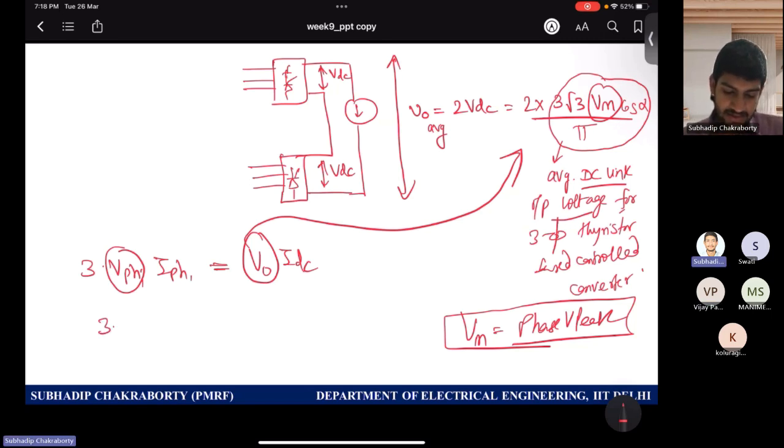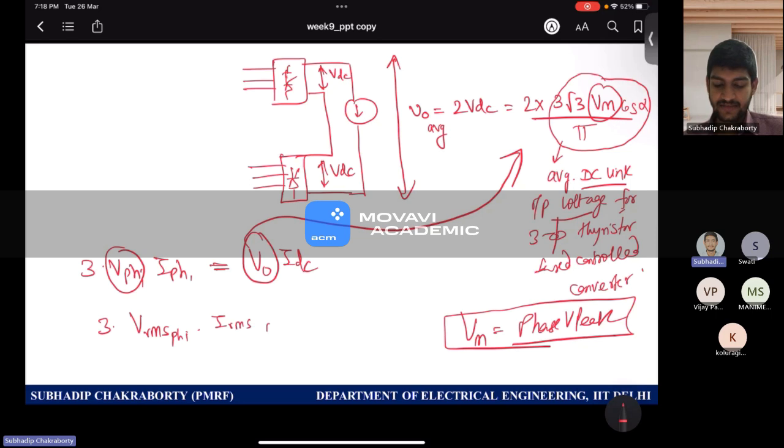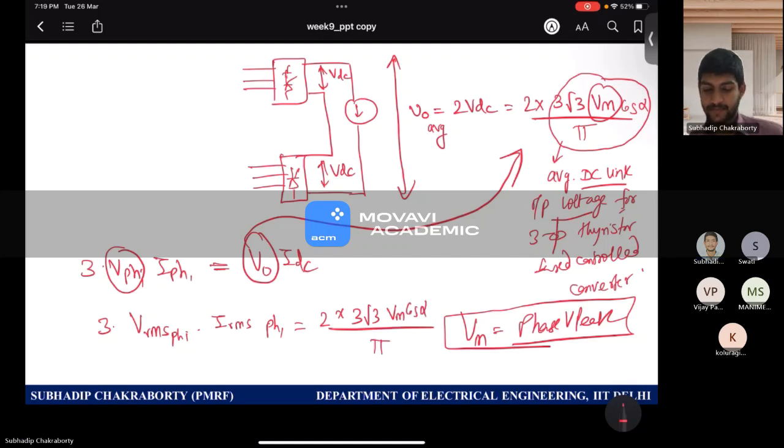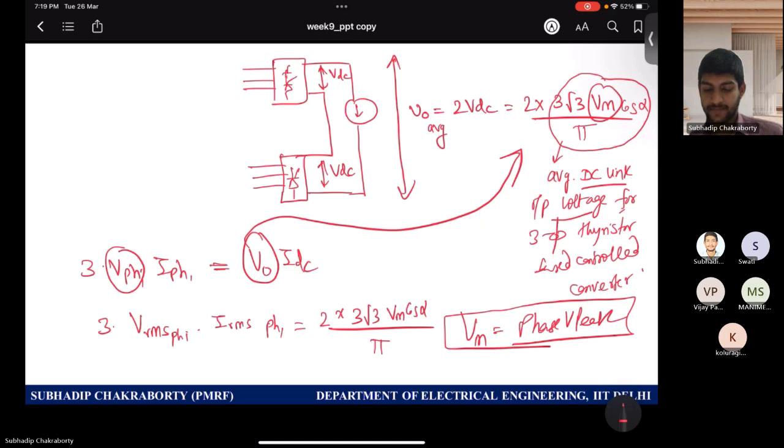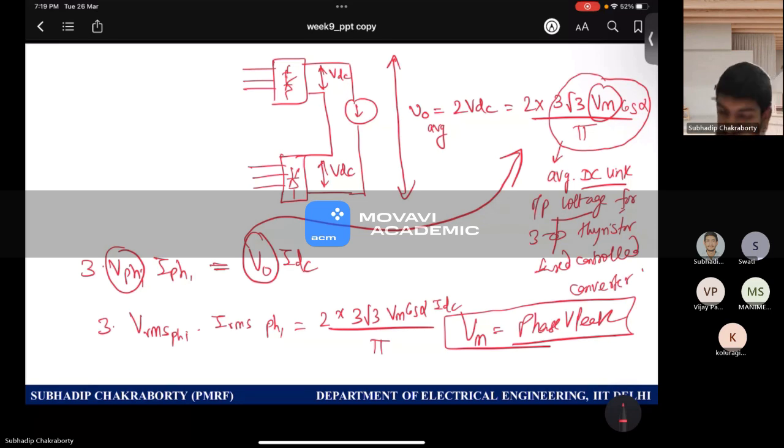So now I can write it as VRMS1, obviously phase 1, and IRMS phase 1 equal to 2 into 3√3 Vm cos alpha by pi. The 3 and 3 will get cancelled.